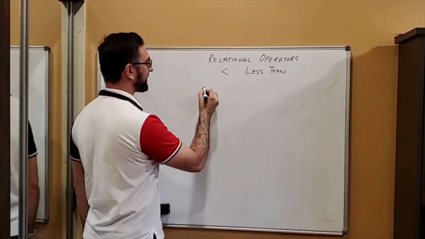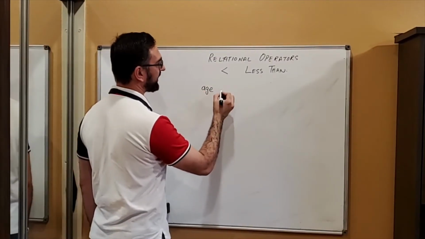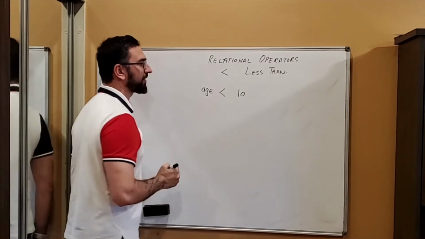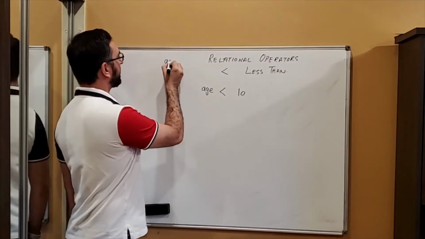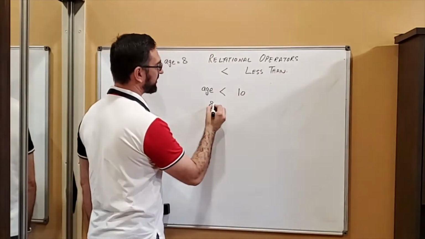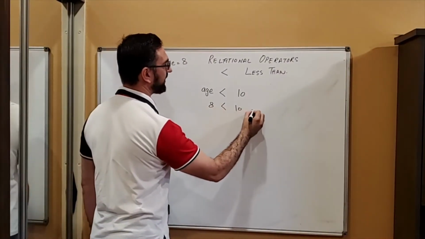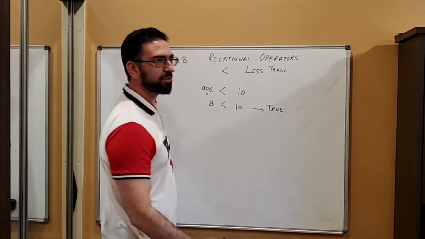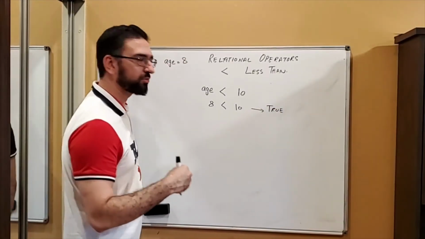What that means is, if you write something like age is less than, let's suppose 10, and the age variable contains 8, it will substitute it with 8 is less than 10. That turns out to be true, and so the person can ride the toddler roller coaster.